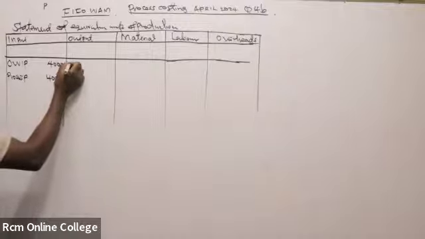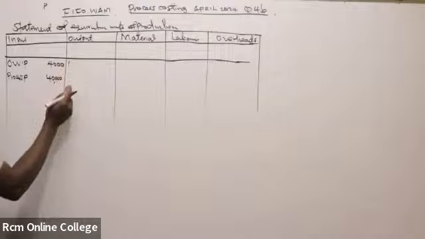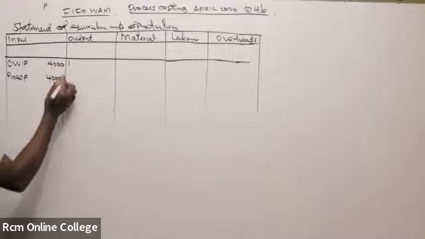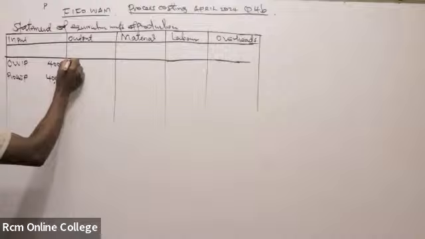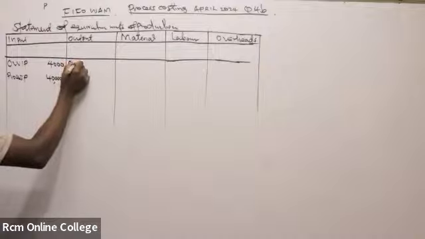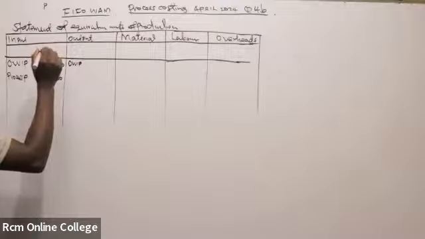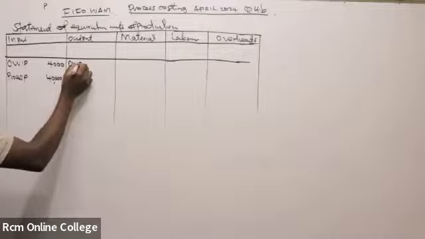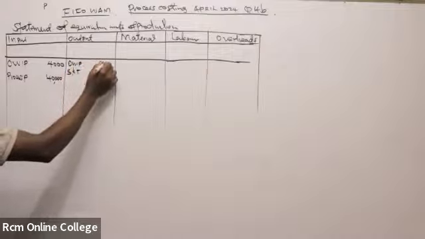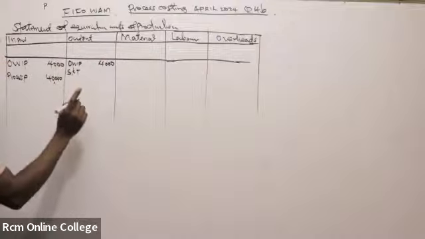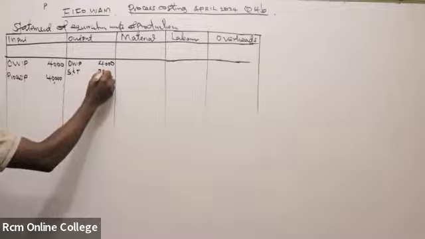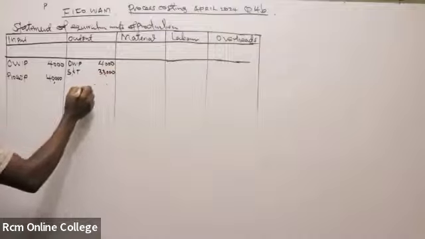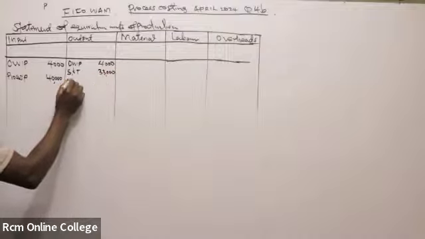So we start with our opening work in progress, then we talk about started and transferred. The opening work in progress, we had 4,000. Started and transferred, we have 33,000.